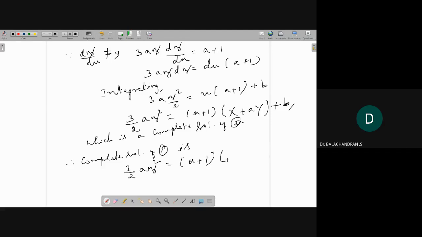What is capital X? Capital X is equal to x cube plus a into capital Y. Capital Y is small y cube plus b. So this is the final answer. Okay. If you have any doubts about today's problem, you can ask me.